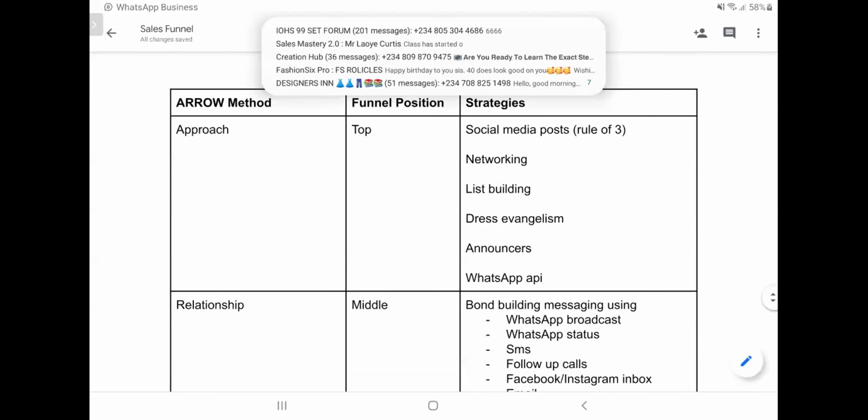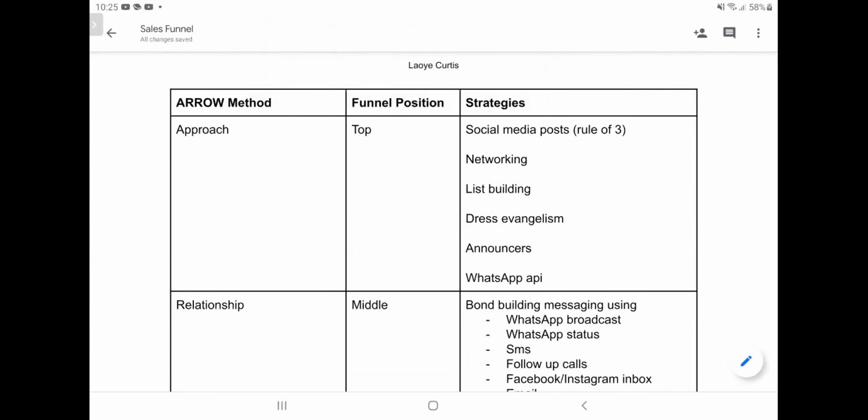Approach means you are approaching the right people. You are approaching your target audience. You are approaching the right people who need what you're selling, to offer yourself to them, to try and get them to know you, like you, and trust you.